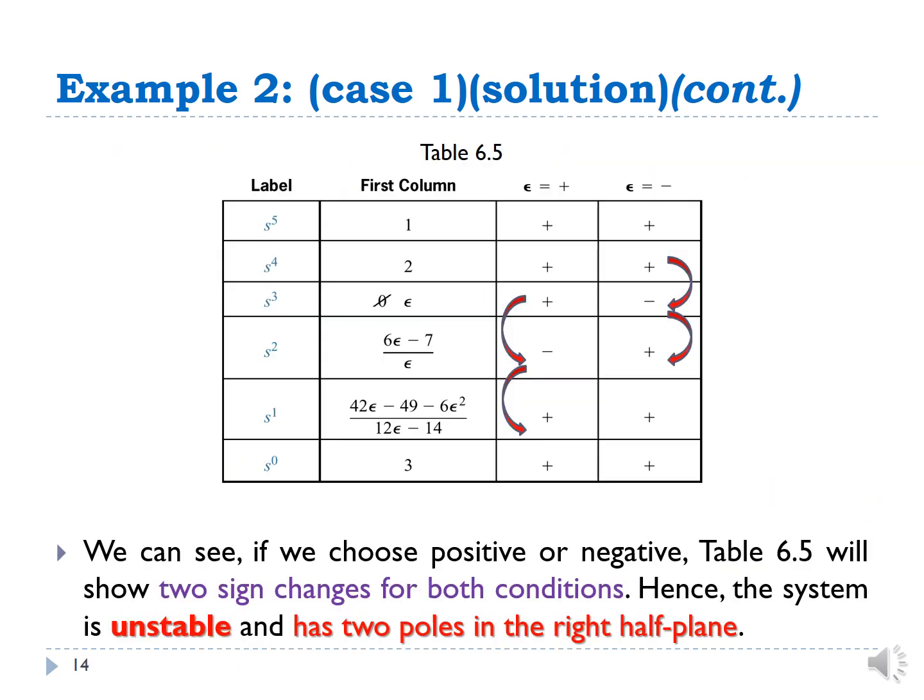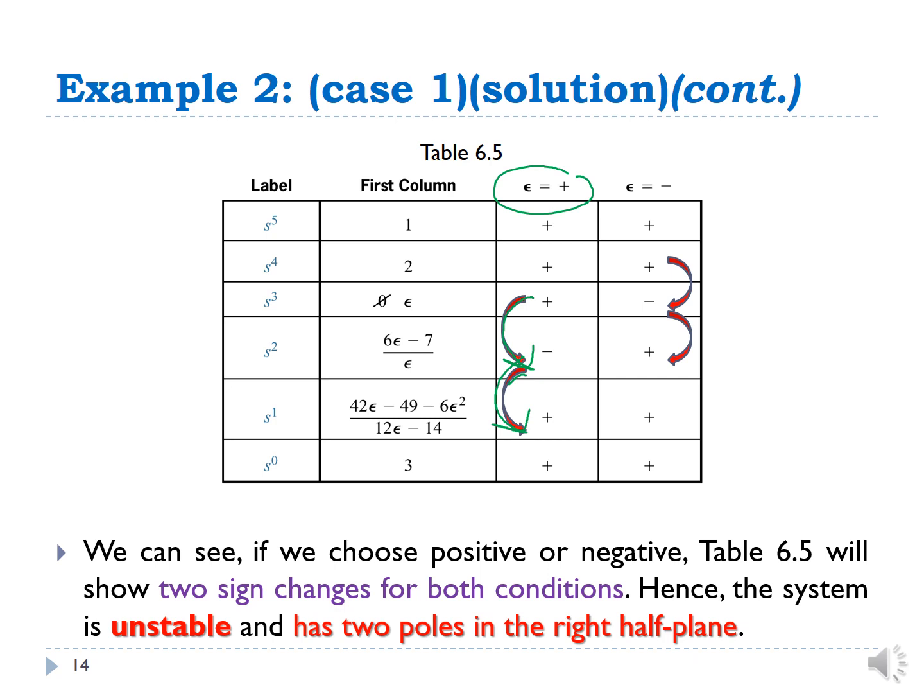If epsilon is chosen to be positive, table 6.5 will show a sign change from s power of 3 row to s power of 2 row. And there will be another sign change from s power of 2 row to s power of 1 row. Hence, the system is unstable and has two poles in the right half plane.